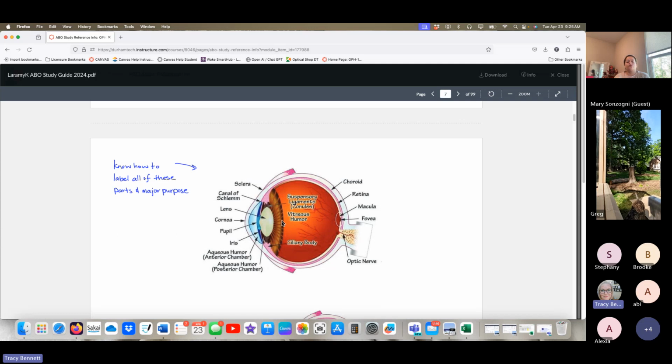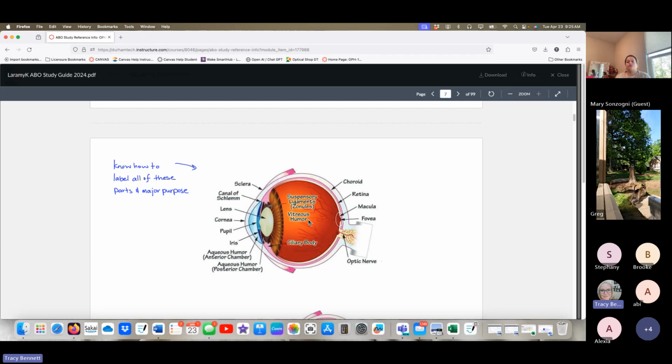In the eye we have this vitreous humor, and that's what helps give it that shape, a more jelly-like substance, and that doesn't reproduce or exit the eye in any way.